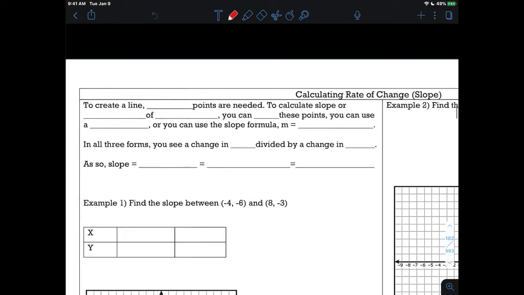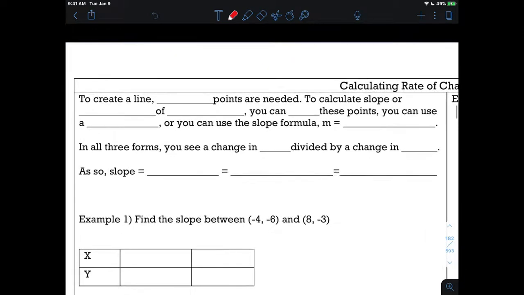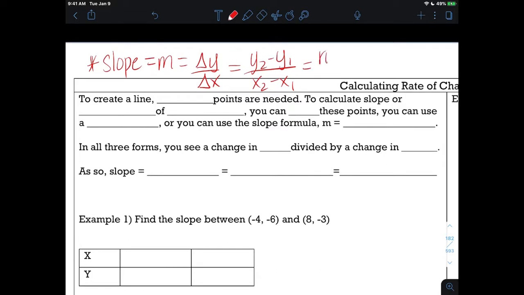So again, as a side note, before we begin this, I just want you to remember, slope is the same thing as m, same thing as change in y over change in x. Here's the formula for it. Some people call it rise over run, and it's also referred to as rate of change.